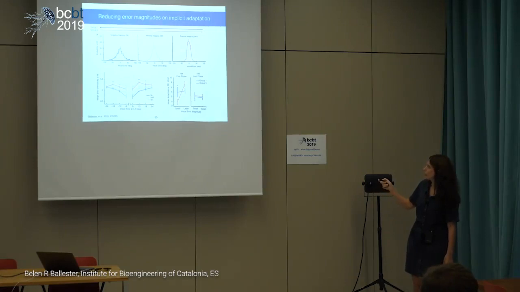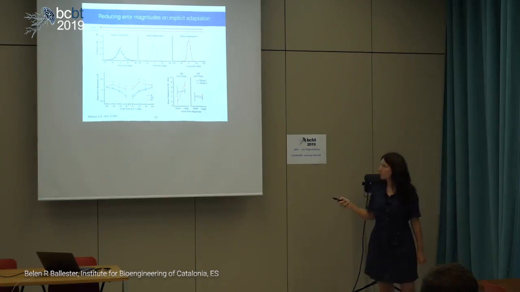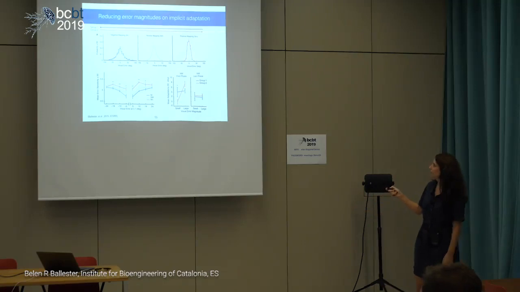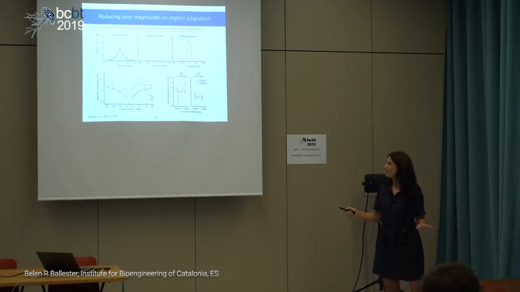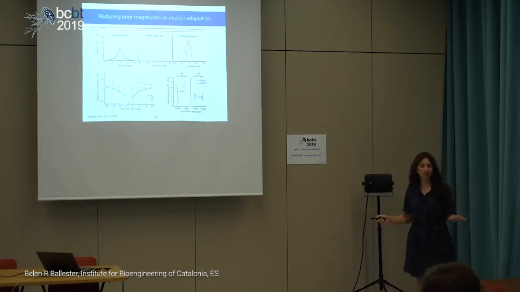Group 1, which was exposed first to small errors. And then the group that was exposed to large errors is learning more from large errors. But this is not significantly different, maybe because we are lacking power. But the trend is here. And during the second half of the block, this disappears, which actually makes a lot of sense.